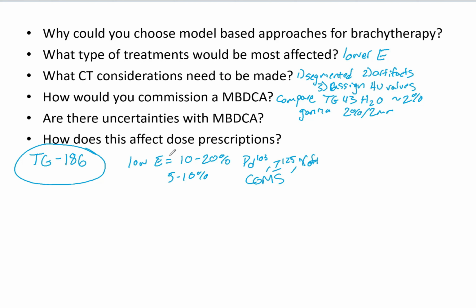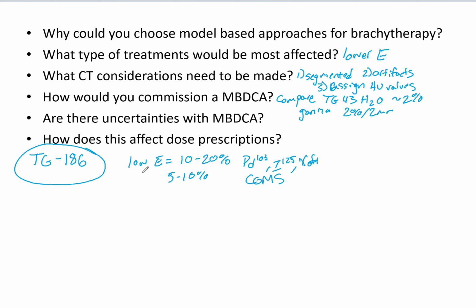So, for example, a model based approach actually gives and shows 5% less dose than TG43 in a mammocyte treatment, meaning you're tempted to now give 105% of the normal scheme because you know, okay, now my tumor is actually getting 30 gray.